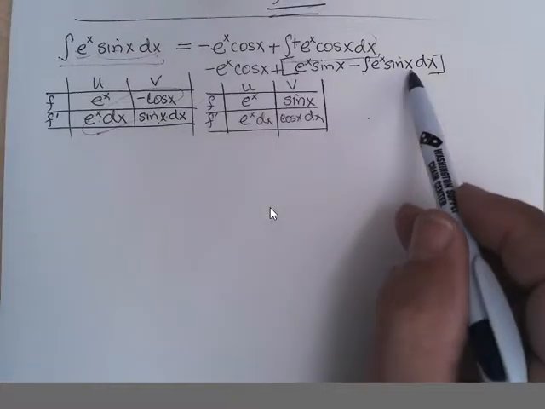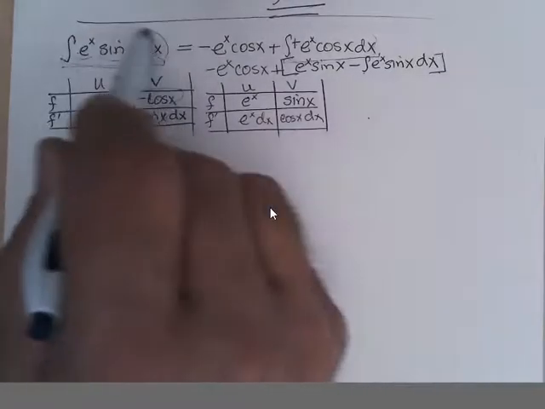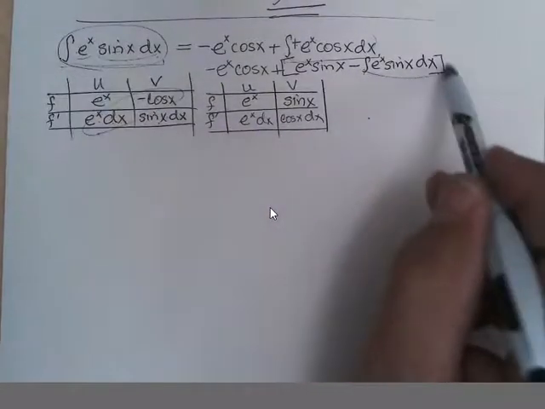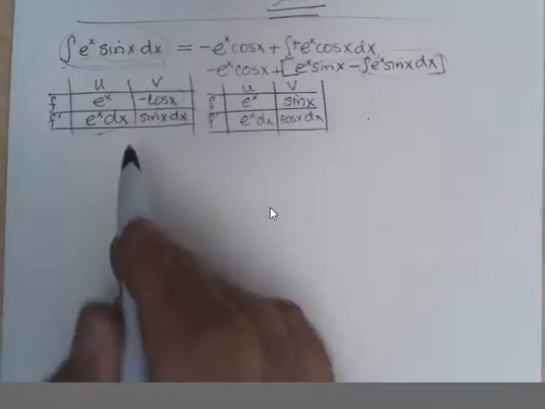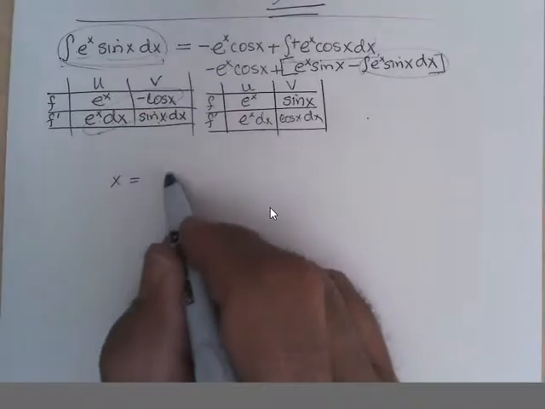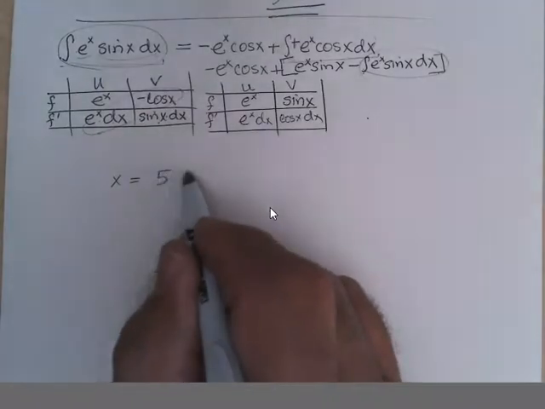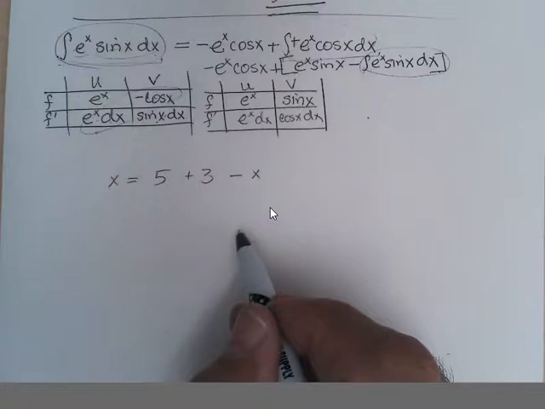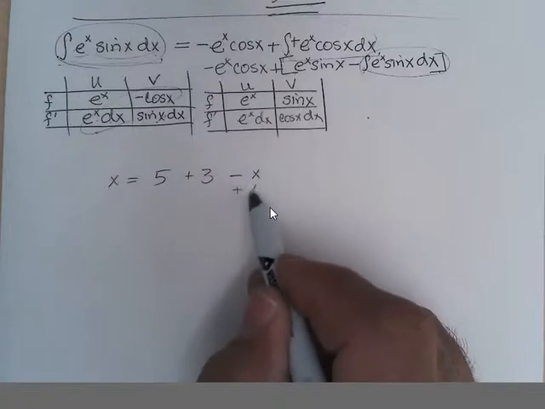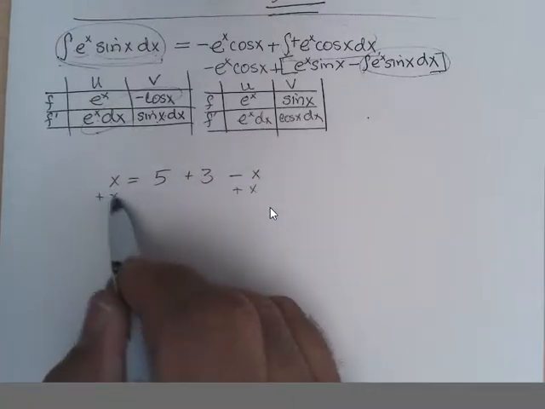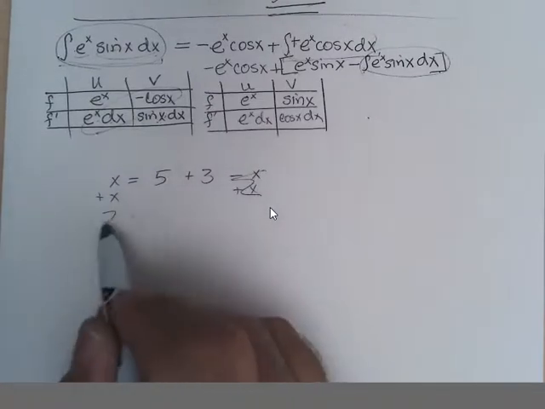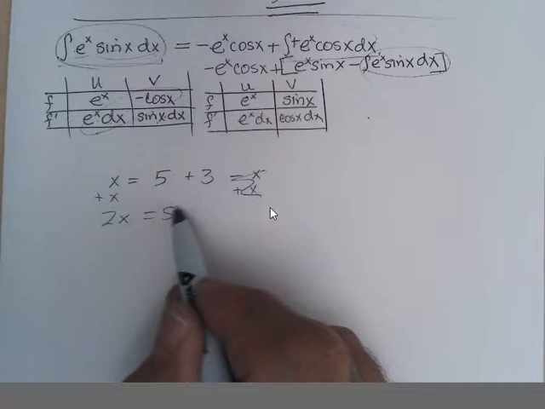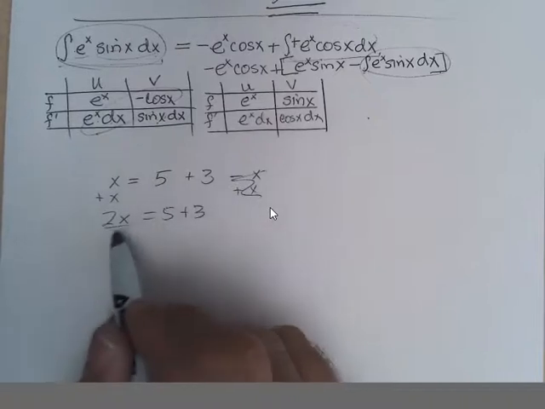It's minus on this side. We're trying to find this thing, and it's over here. It's like having an equation of x equals 5 plus 3 minus x. Why don't we just add x to both sides and get 2x's is 5 plus 3, and then divide by 2.